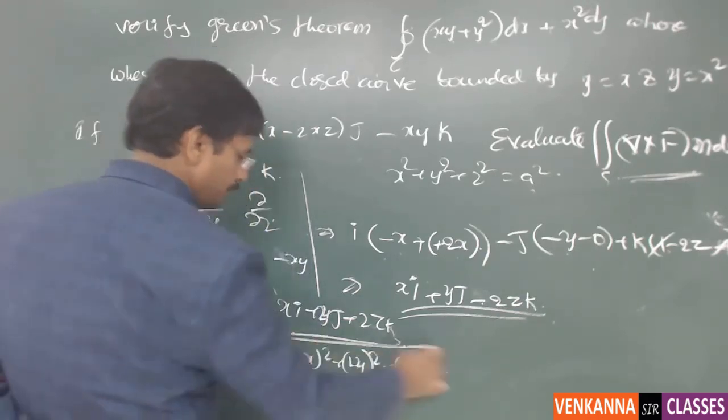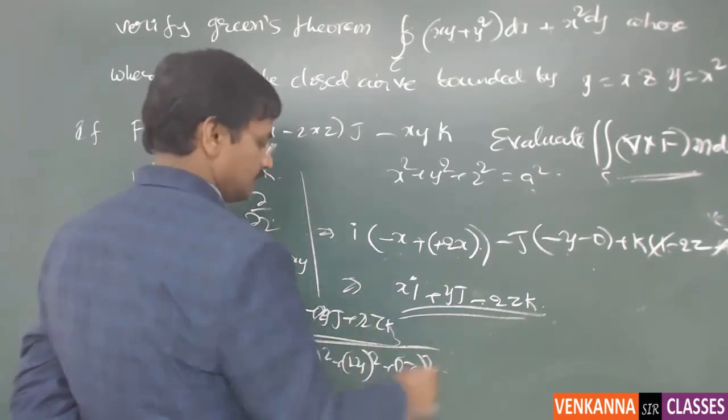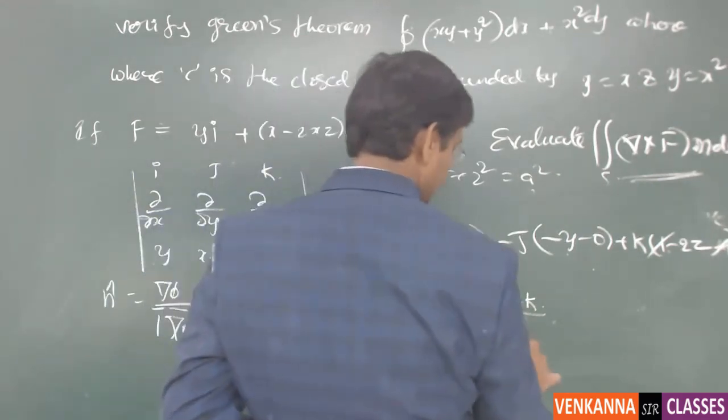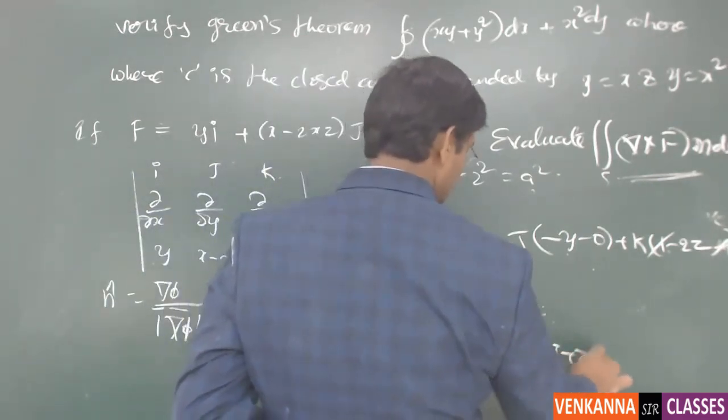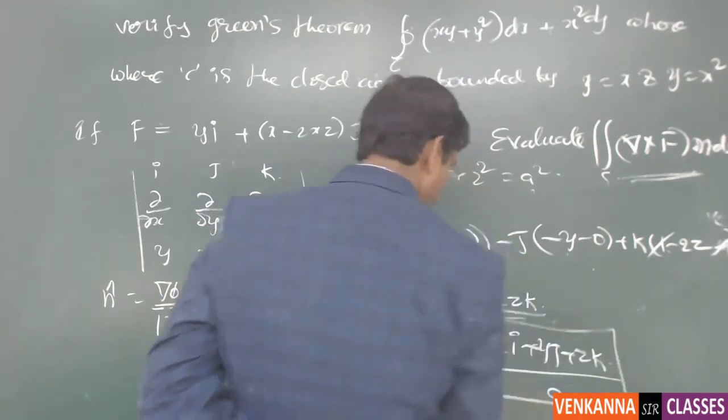Now the 2 comes out and cancels, and the square root of a square will be a. So this is (xi plus yj plus zk) divided by a. So this is the n cap vector.